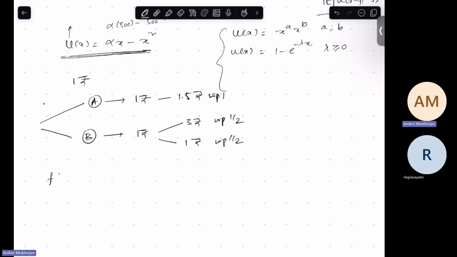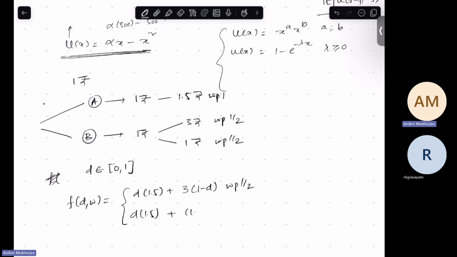Now my F, so decision D belongs to the set 0 to 1. It says how I'll partition my investment of 1 rupee in both of these investments. So I get D into 1.5 plus (1 minus D) into 3 with probability half, and D into 1.5 plus (1 minus D) into 1 with probability half.